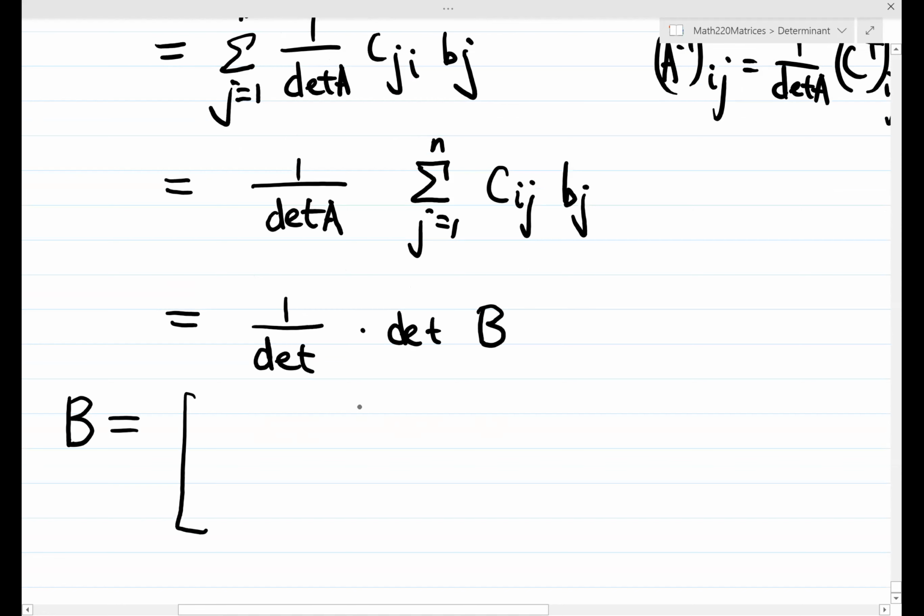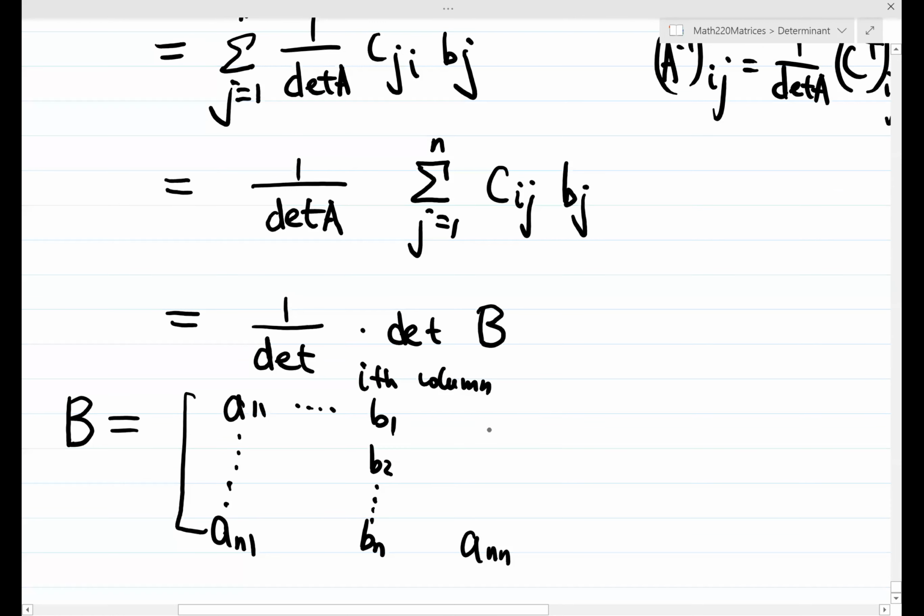So we replace the ith column of A by B1, B2, ..., Bn, and everything else is kept fixed.